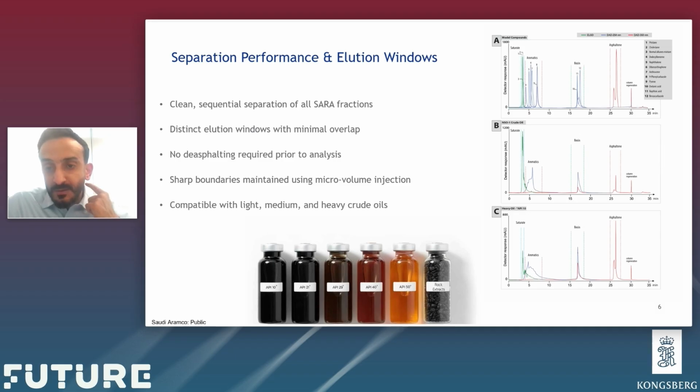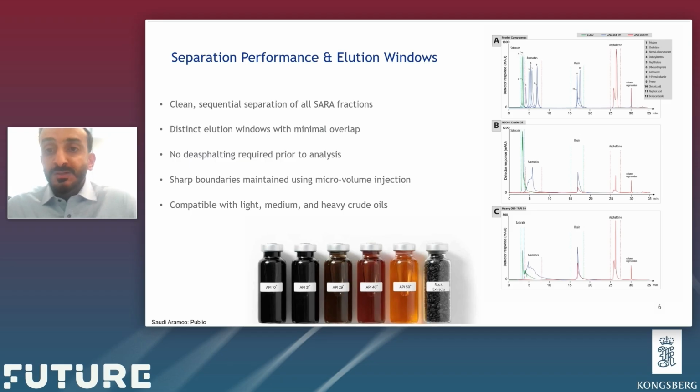And we also examined this on rock extract bitumen. With all of these different sample types, we consistently observed a clean, sharp separation of the SARA profiles, which is, again, essential for reproducibility and downstream analytics.